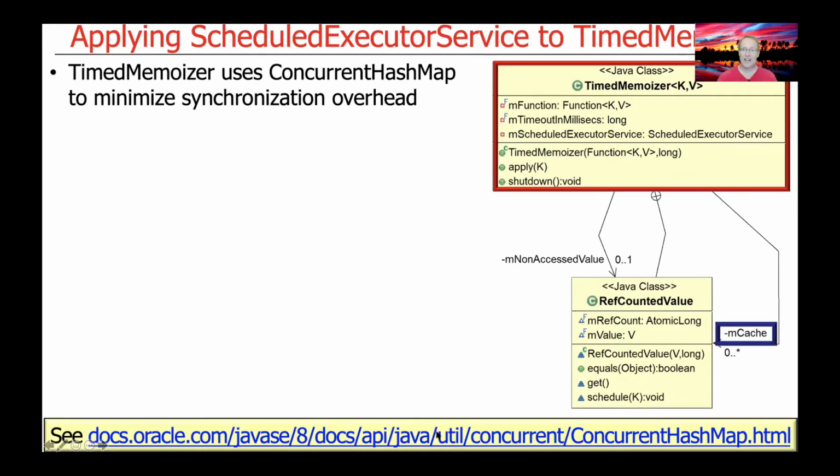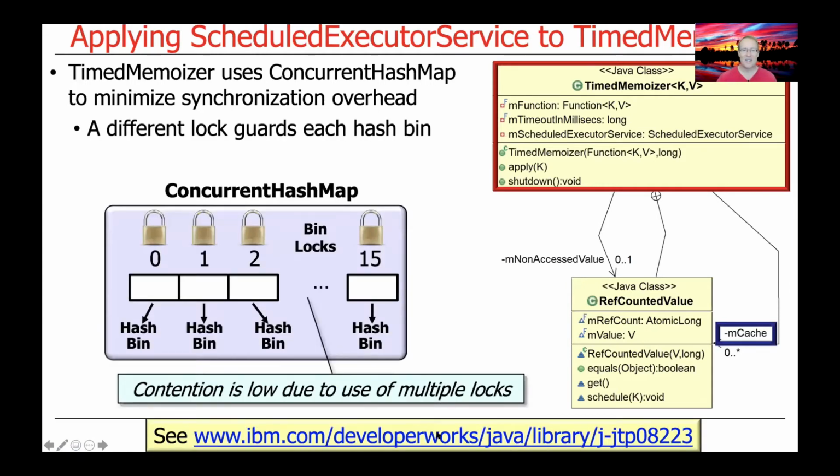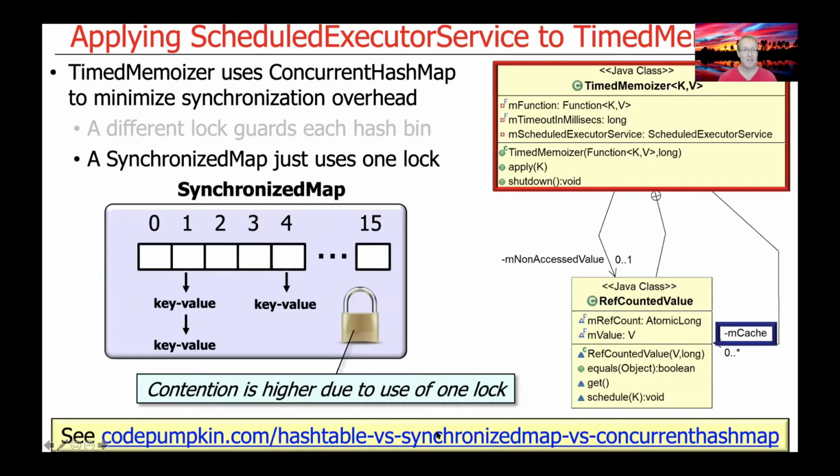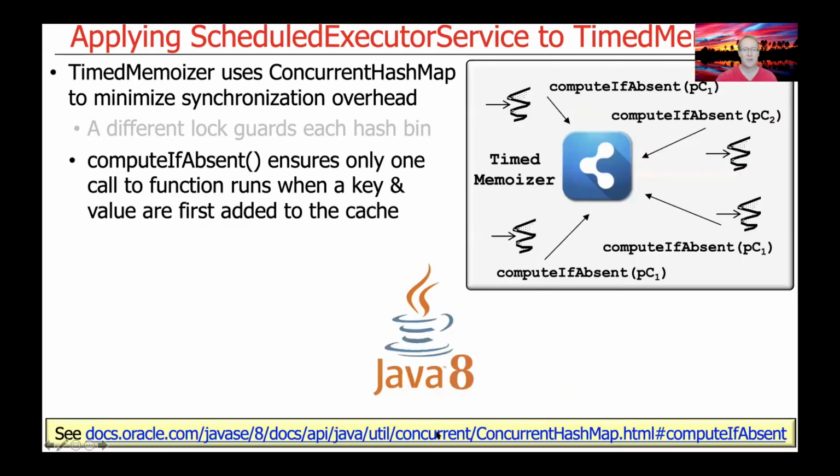Timed memoizer, like our previous memoizer, uses ConcurrentHashMap for all the same reasons we've talked about before. If you recall, ConcurrentHashMap internally uses different locks for each of the bins in the hash table so that there's very little contention, whereas the synchronized maps have a single lock, so therefore there's potentially a lot of contention.